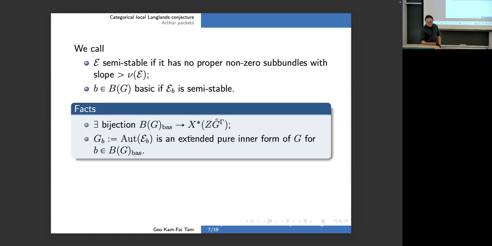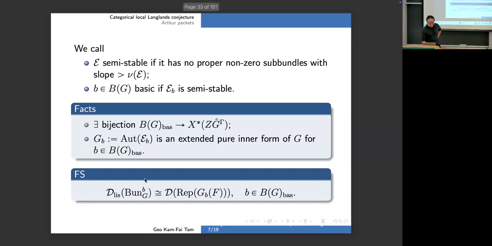So you see here, I'm trying to reduce Bun_G to the representations of reductive groups in this way.